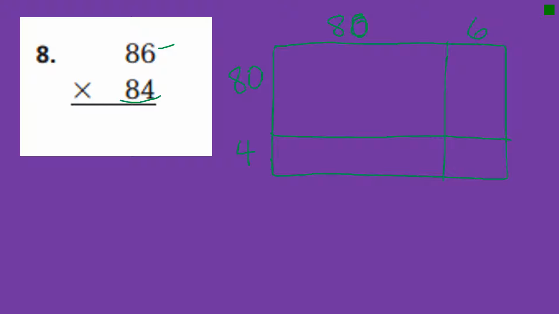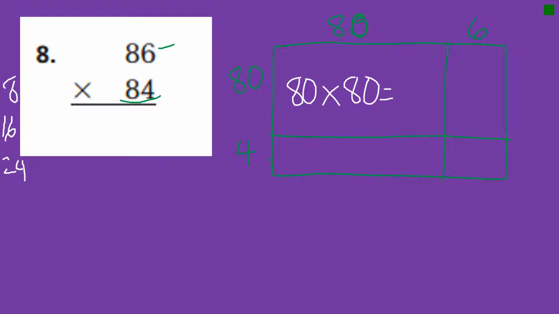It's always nice to start with the big guy, right? 80 rows of 80. Okay, what's 8 times 8? If you don't know 8 times 8, you can list your multiples of 8, like 8, 16, 24, or you can go 8 times 5, because you know that one. 8 times 5 is 40, and then count on 3 more sets of 8.